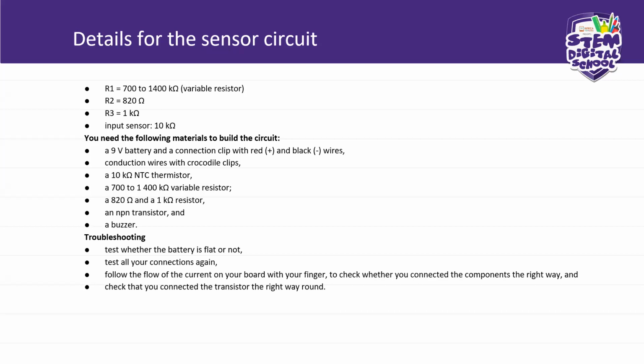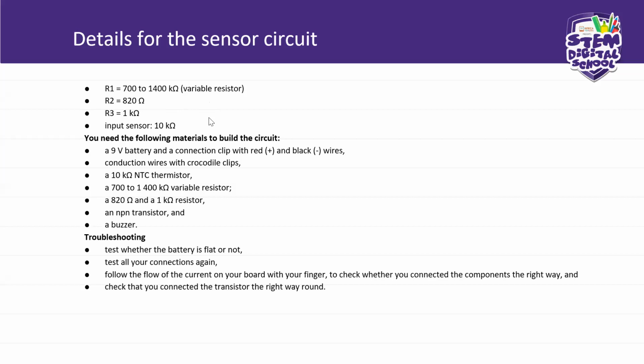Okay, you must be mindful of such errors. Remember, we said 1,000 ohms, 1 kilo ohm. So 1,400 ohms is 1.4 kilo ohm. Okay, so we should just remove the K there, all right? That's your variable resistor, okay?